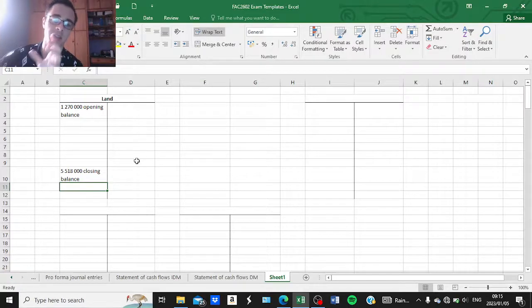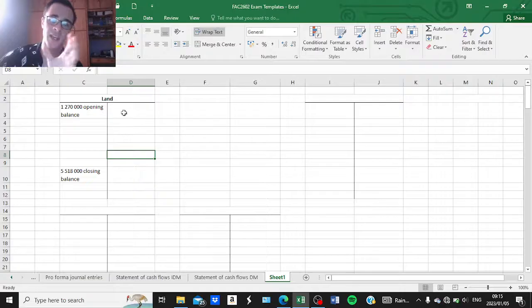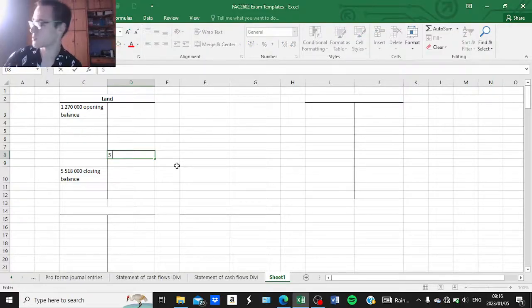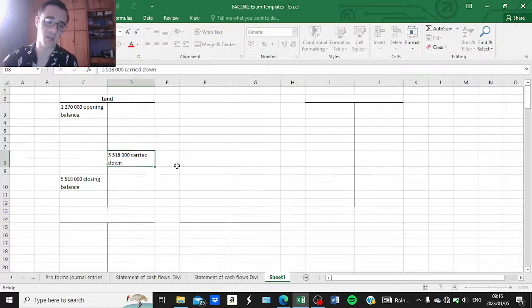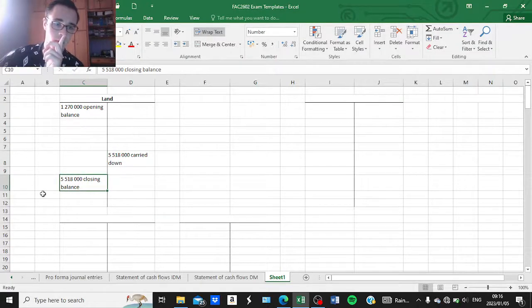That's why I say it's important for you to actually understand how a general ledger account functions. And you should already be familiar with that from your Financial Accounting 1 modules. So this was the balance carried down or carried over to the debit side. All right.